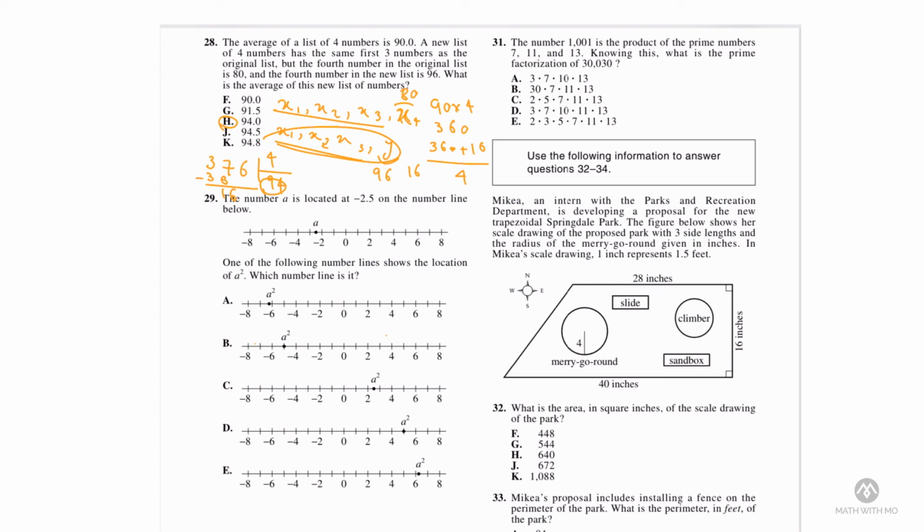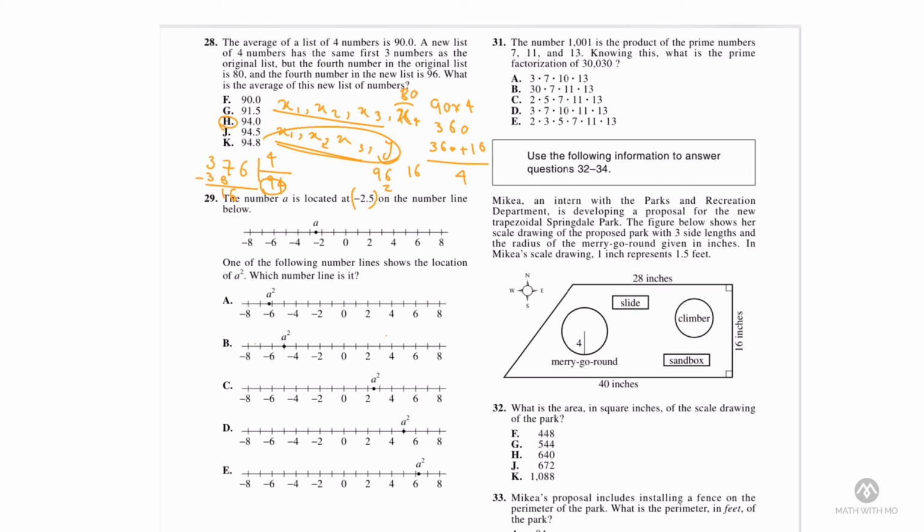The number A is located at minus 2.5 on the number line below. One of the following number lines shows the location of A squared. Which number line is it? Alright, so basically square of it is positive number, right?